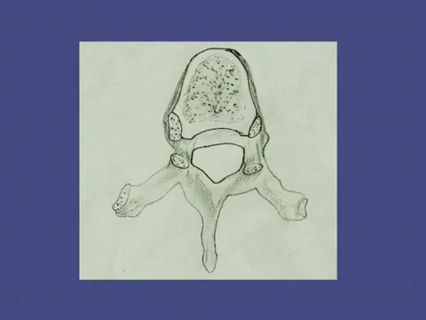That is the reason for the typical kyphotic curvature in the thoracic region. And on the transverse process, you can see the costotubercular facet, which is the facet for the ribs.